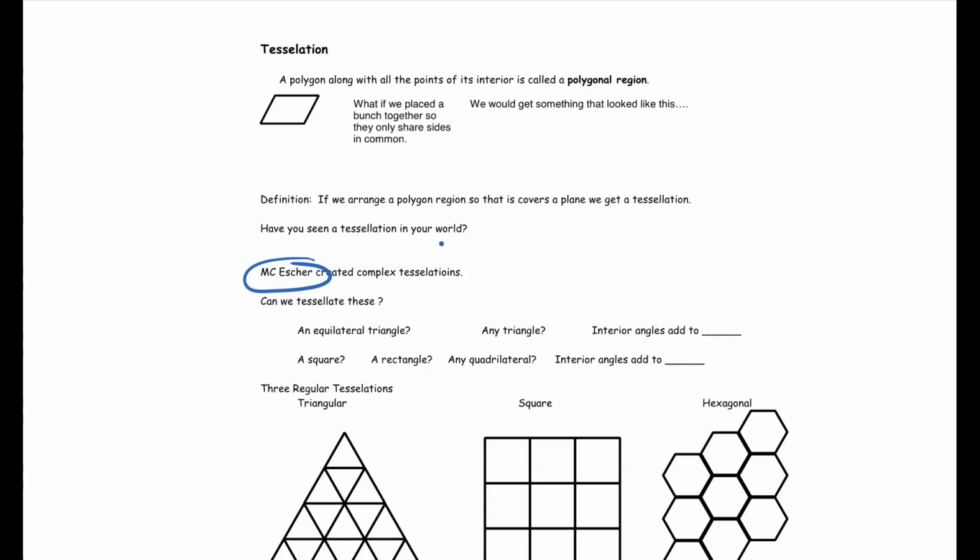So the key here is figuring out which shapes are going to tessellate. Will every shape tessellate? The way you figure out what shapes are going to tessellate is you look at their angles. If you were to put equilateral triangles together, it would look like this.